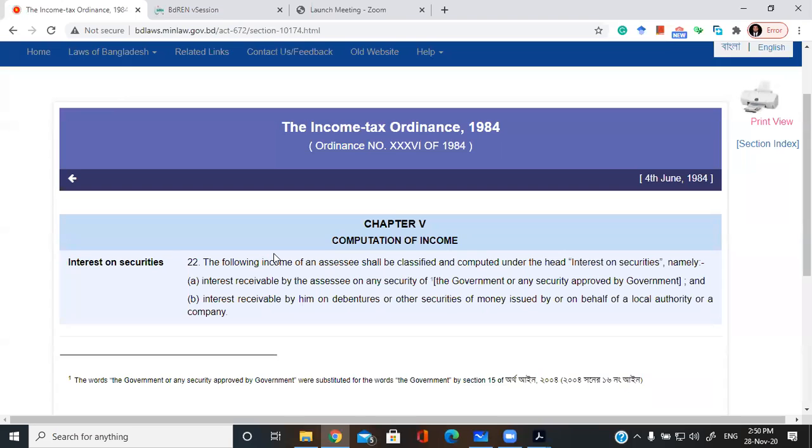In some religions it is not prohibited, but in Islam, interest income is strictly prohibited. So for some people, you will see they are Muslim, but they are reluctant to maintain this prohibition. They earn interest income.